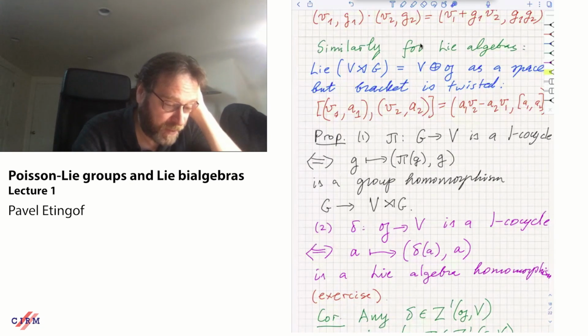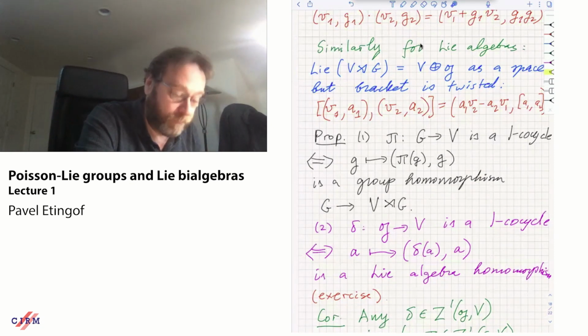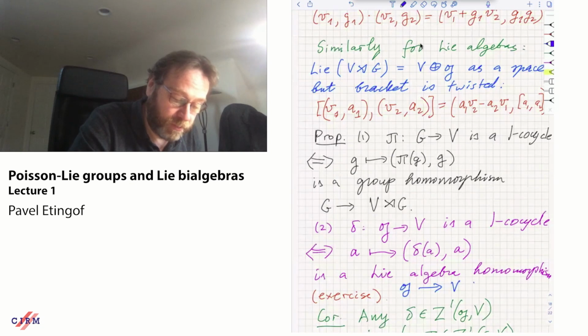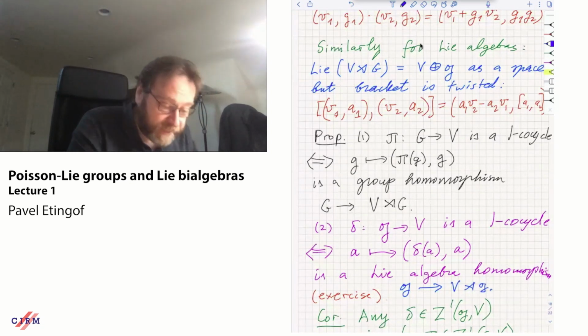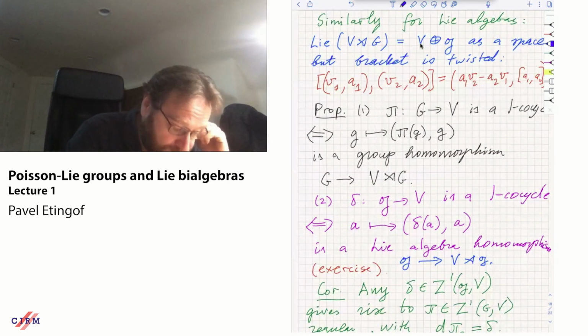Delta from g to V is a one cocycle if and only if the map A goes to (delta of A, A) is a Lie algebra homomorphism from g to V semi-direct g. And I leave this as an exercise. It's completely straightforward.